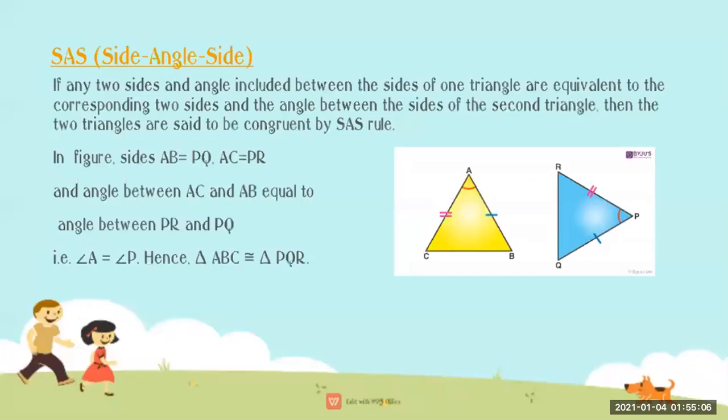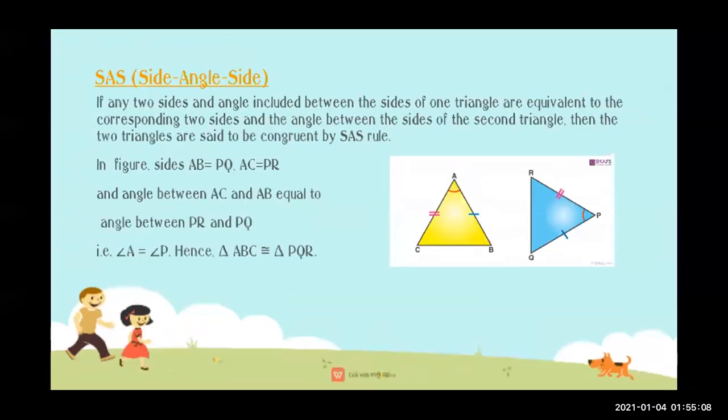Okay. Now the second test is SAS, that is side angle side. Here the name itself says there should be 2 sides and 1 angle in the middle. If that type of figure is there, it is which type of test? It is the side angle side test.